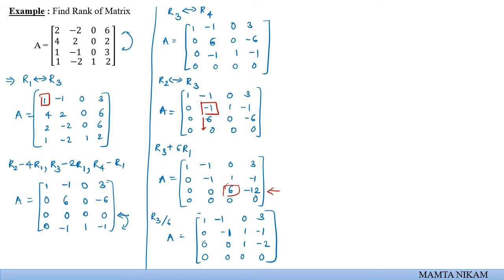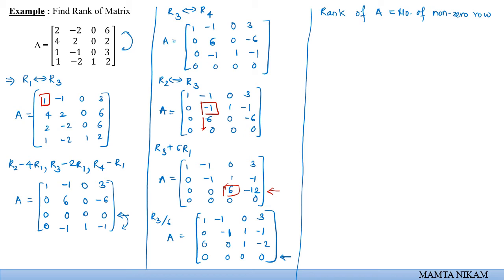So now if you observe the newly formed matrix, we observe there are 3 non-zero rows, whereas 1 is a 0 row. So the number of non-zero rows is nothing but the rank of a matrix. Therefore, rank of A is nothing but the number of non-zero rows.